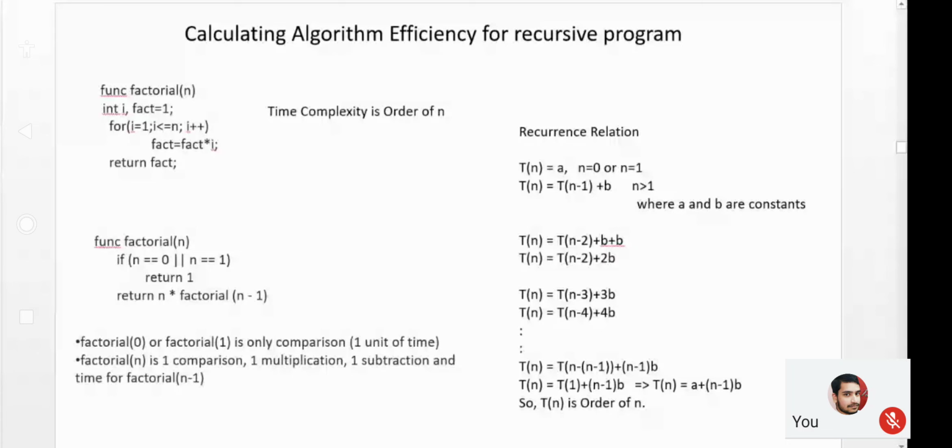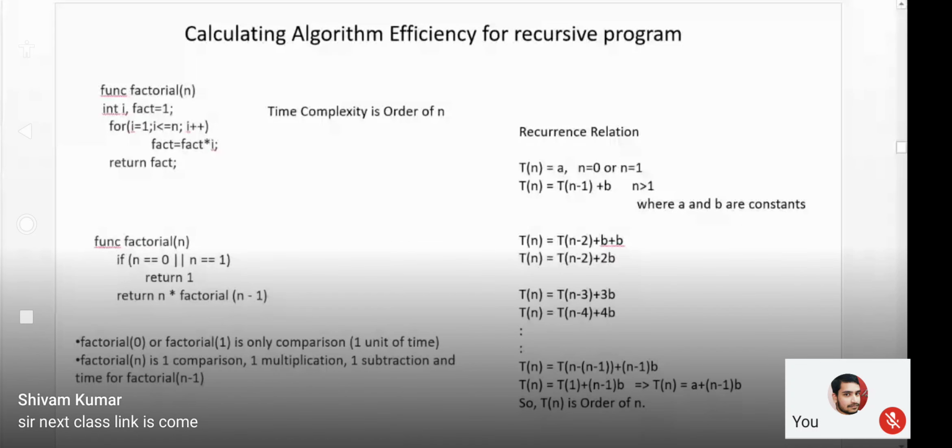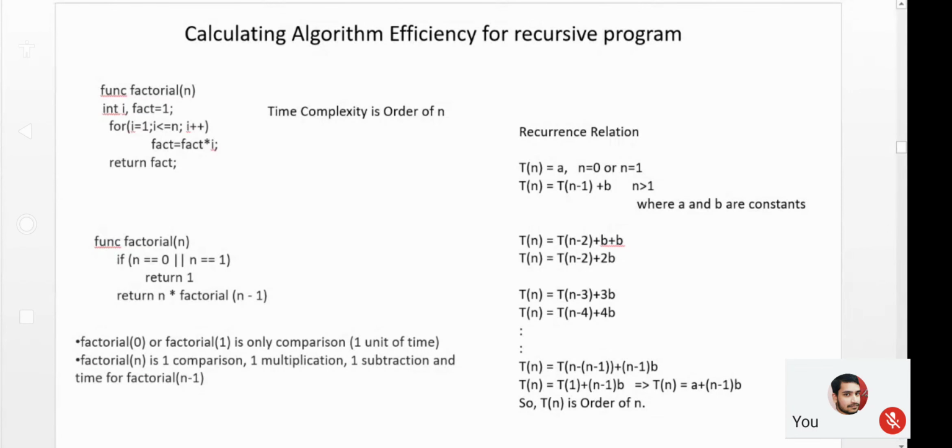But if the value of n is not 0 or 1, that means it is greater than 1, then you have to call the function again with the smaller value. So f4 calls f3, f3 calls f2, f2 calls f1. Here fn calls fn minus 1 with some constant. Fn minus 1 calls fn minus 2 with some constant.